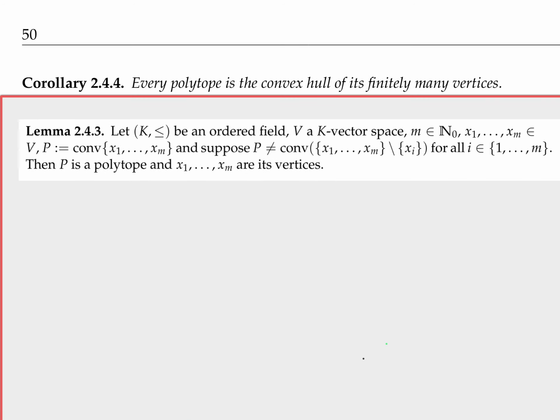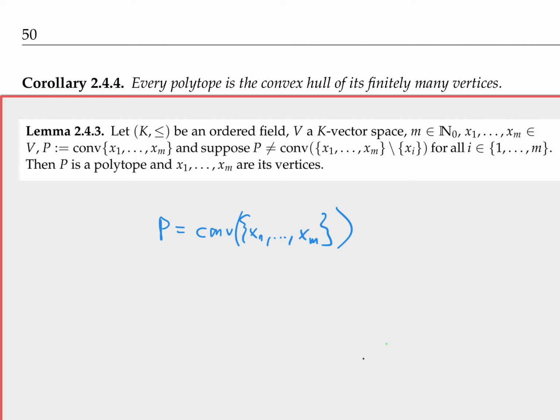Namely, a polytope by definition is the convex hull of finitely many points, right? Now it might be, of course, true that this condition does not apply, so that P equals the convex hull of a proper subset of this.